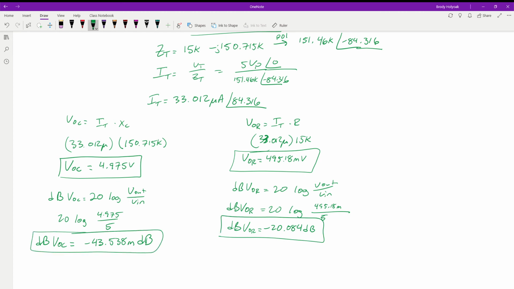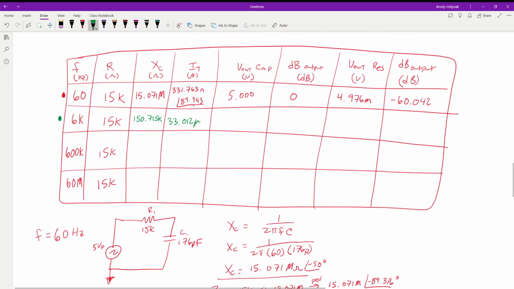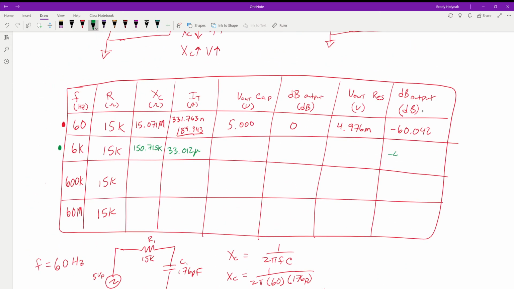Okay, so let's put those values into our table. Up here we have negative 20.084 decibels with a voltage drop of 0.495 volts. I'm just shifting this a little to show the difference between the values. This one would become 0.004 volts.